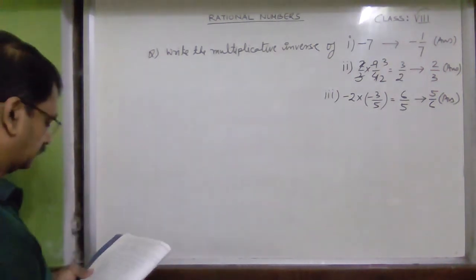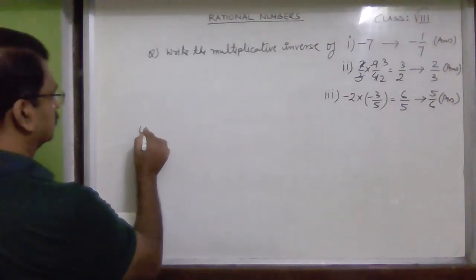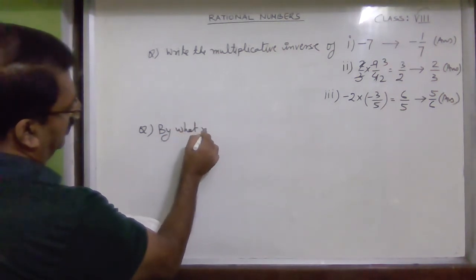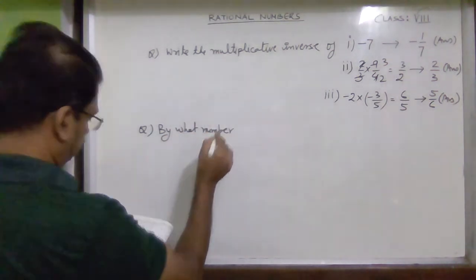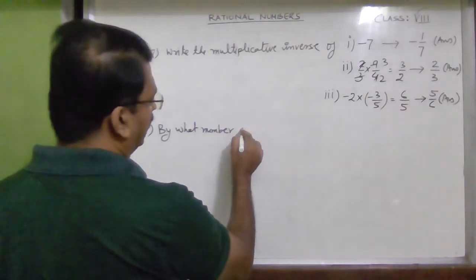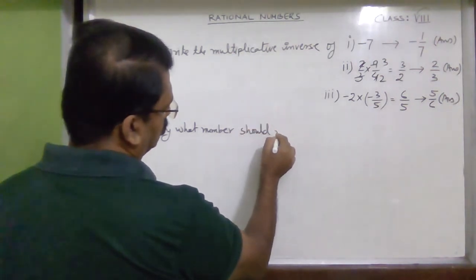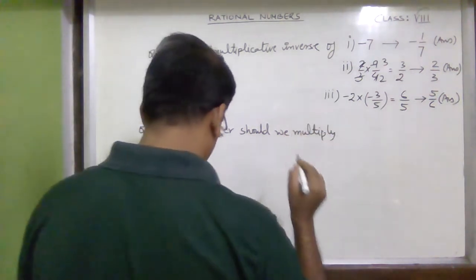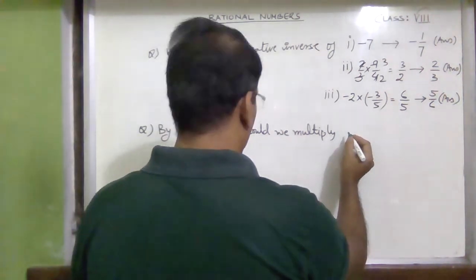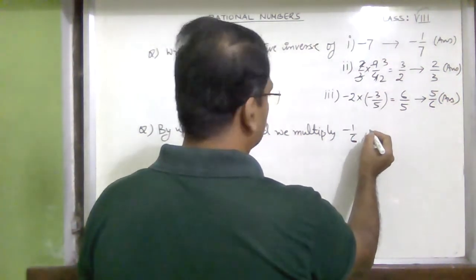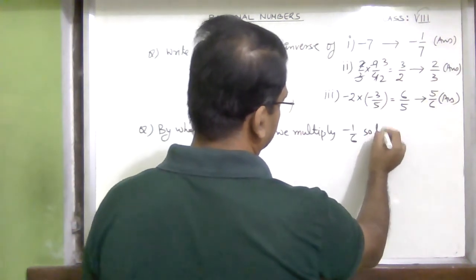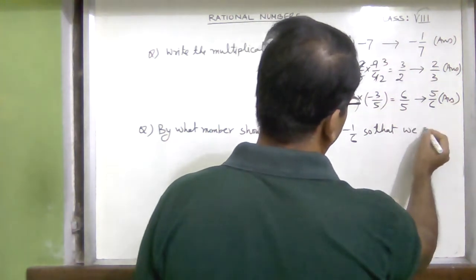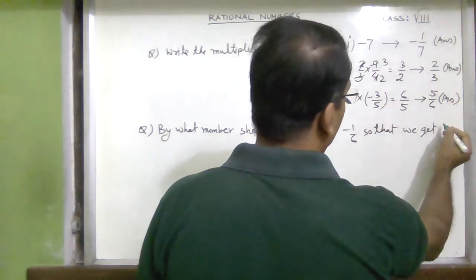One more question. By what number should we multiply minus 1 upon 6 so that we get minus 23 by 9?